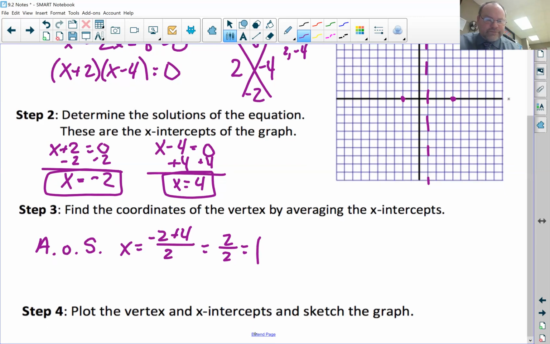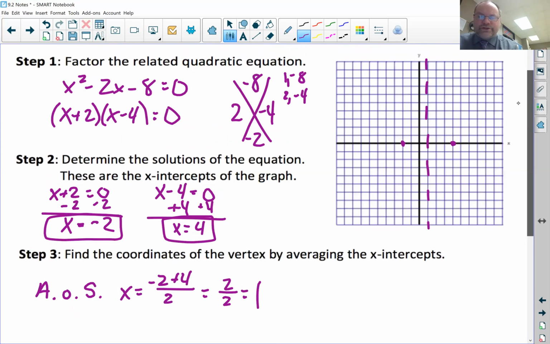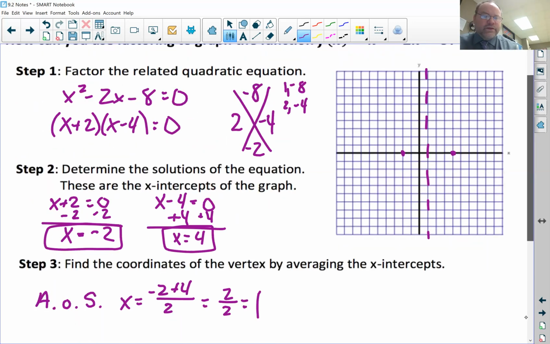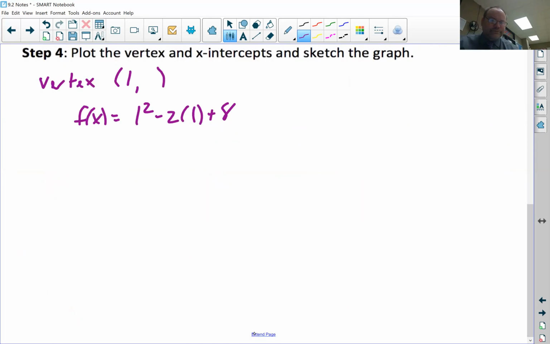Then I'm going to find the vertex. And remember, to find the vertex, I take 1 and plug it in for x in my original equation. So I'm going to have 1 squared minus 2 times 1 minus 8.